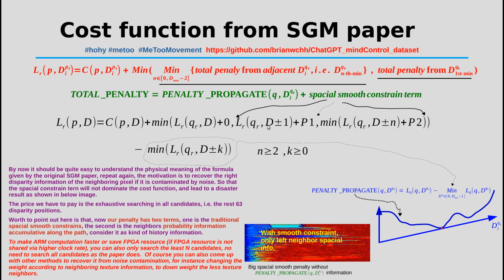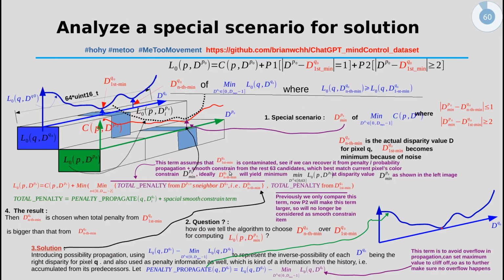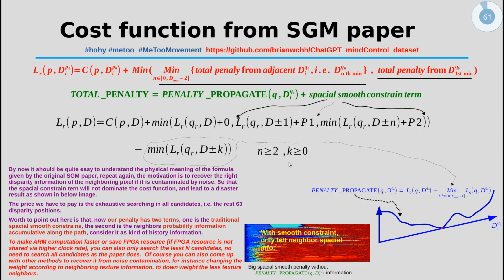This is the spatial constraint term: 0, P1, P2, and this term minus, actually this term is the minimum. It's just pointing to this position, because this k is indexing from 0 to the minimum. This formula is searching for minimums.